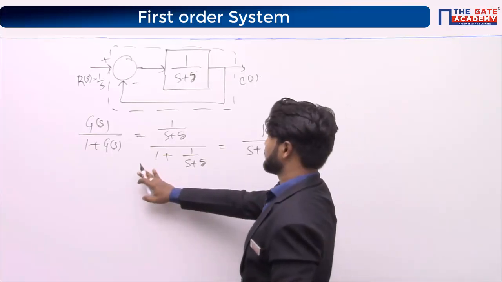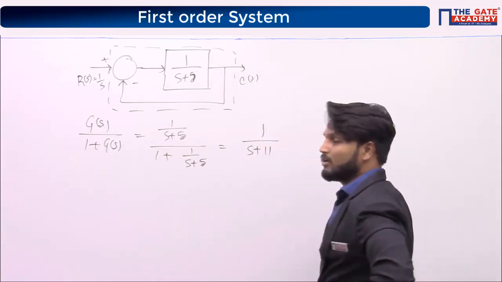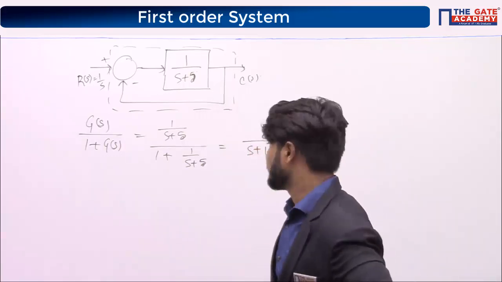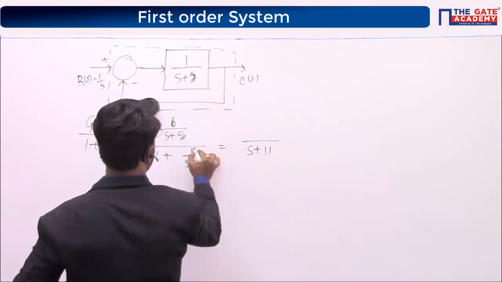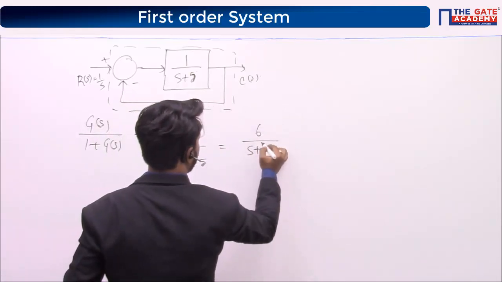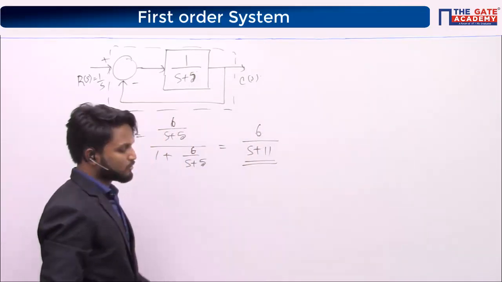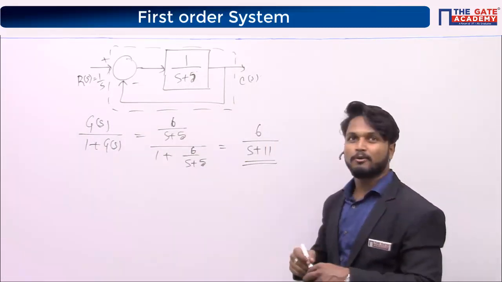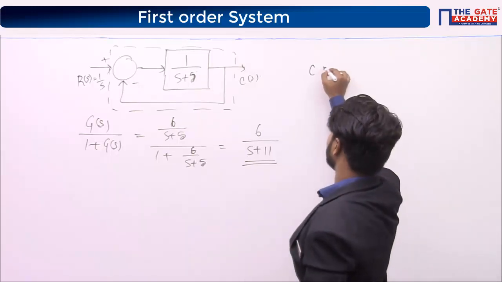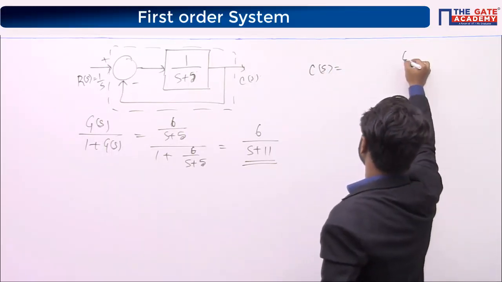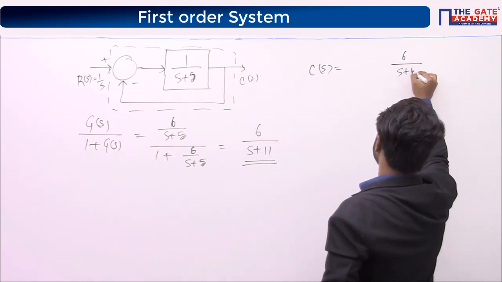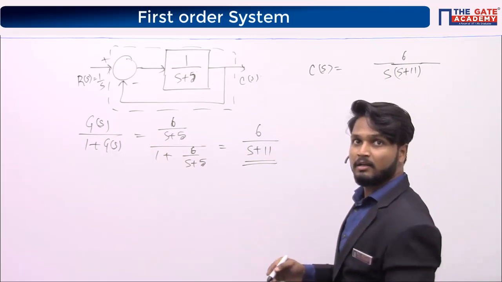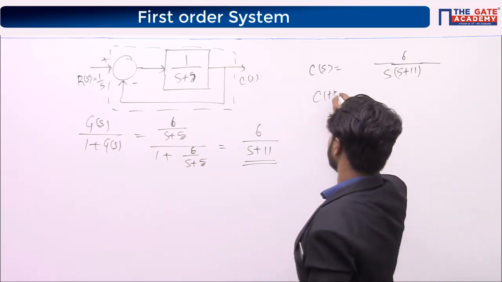So the overall transfer function you are going to get is 6 by s plus 11. With this transfer function, you have to find C(s). C(s) is equal to 6 by (s plus 11) multiplied by 1 by s. Therefore, c(t) is the Laplace inverse of C(s).